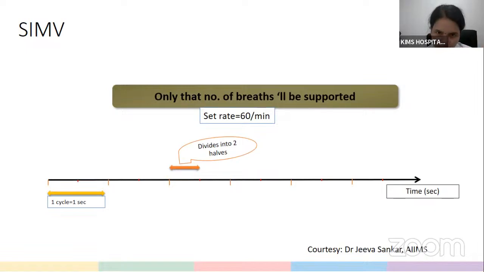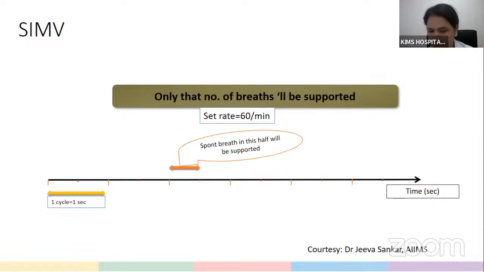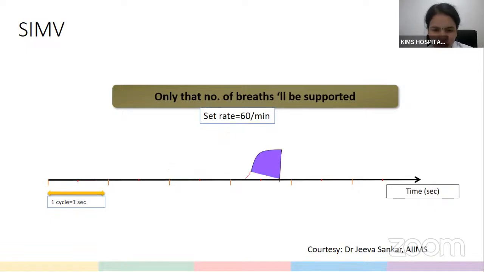Now, in this 1 second, the ventilator waits for the patient to initiate inspiration in the first half of the cycle. If the baby begins an inspiration in the first half of the cycle, like indicated here, and that effort is more than the trigger threshold, the ventilator will support that effort with a ventilator breath, like this.